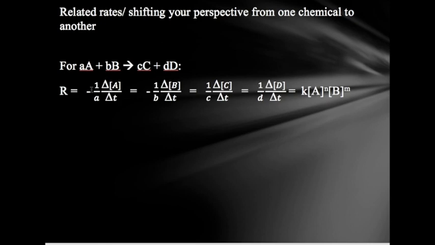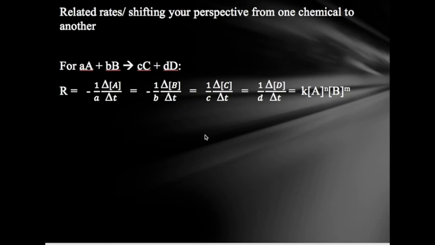They'll be decreasing. Typically, we're only worried about the absolute value of the rate. Typically, we're worried about the size of the rate, the speed. But it is important for you to understand that the rates of the reactants are technically negative because their concentrations are decreasing as time goes on. Their slopes are negative, whereas the products, C and D, are positive.